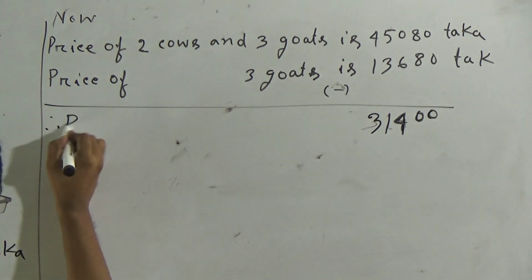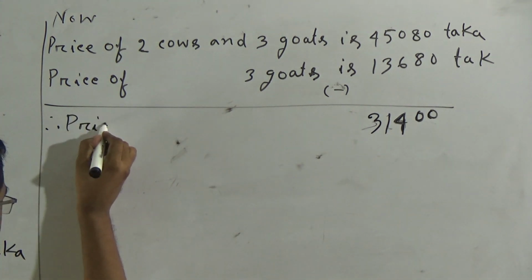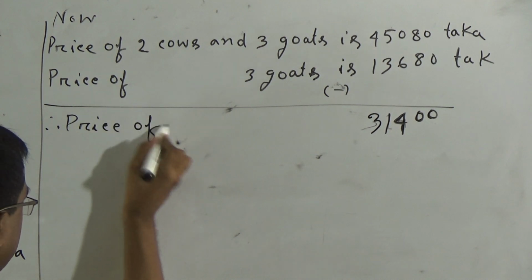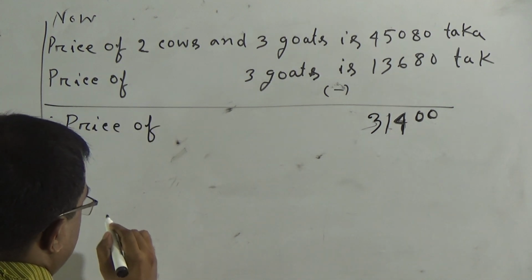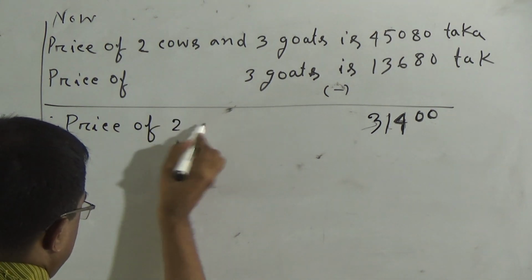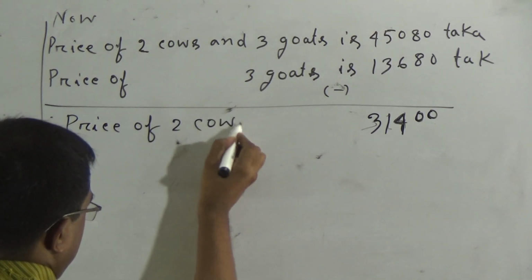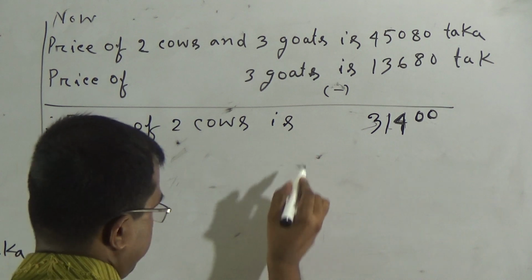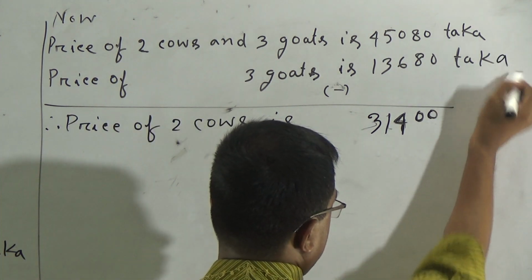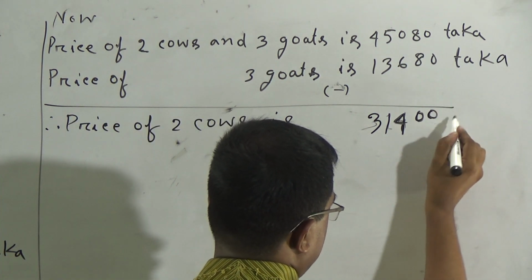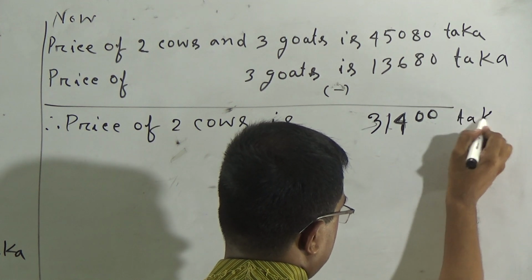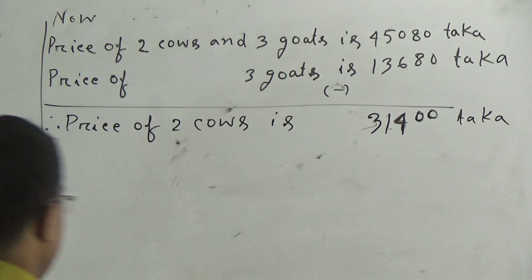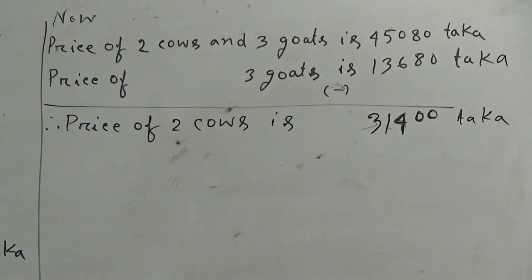Therefore, the price of 2 cows is 31,400 taka. Now we have to find out the price of 1 cow.